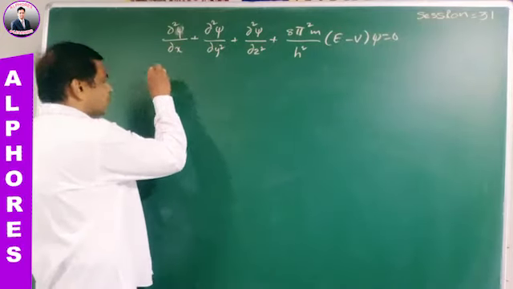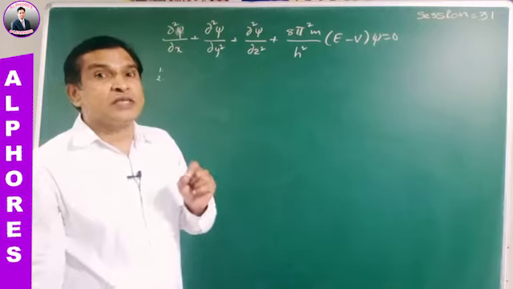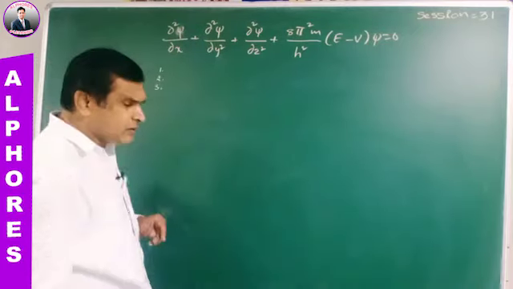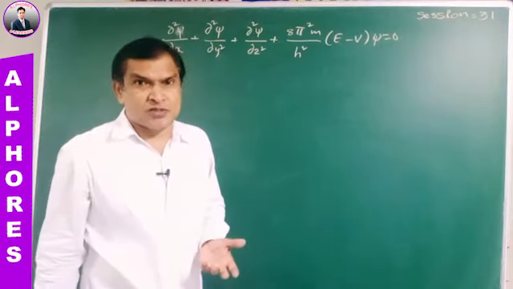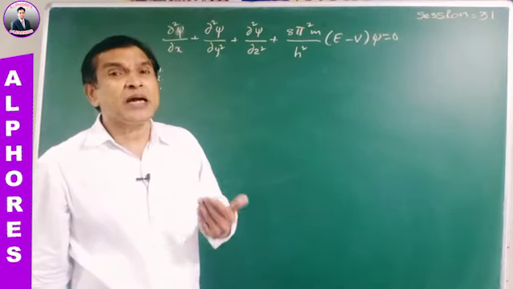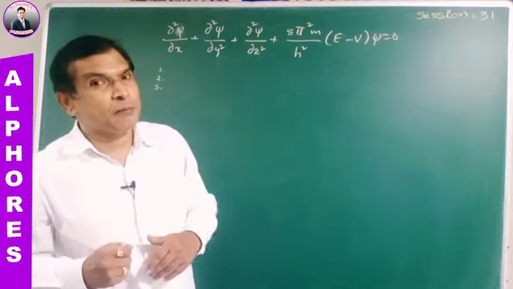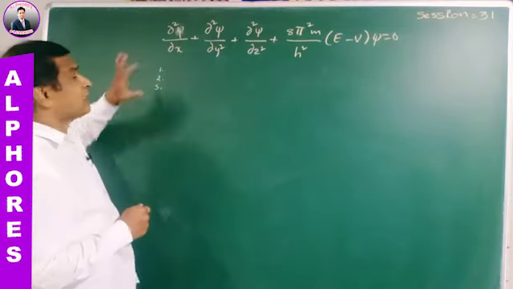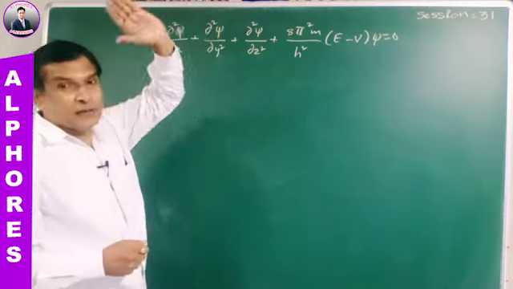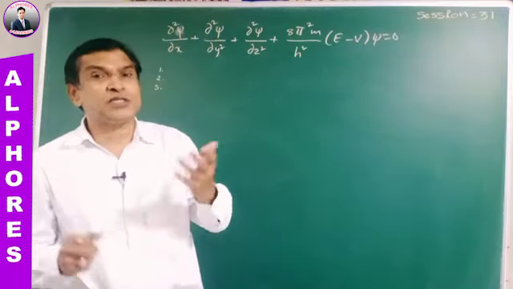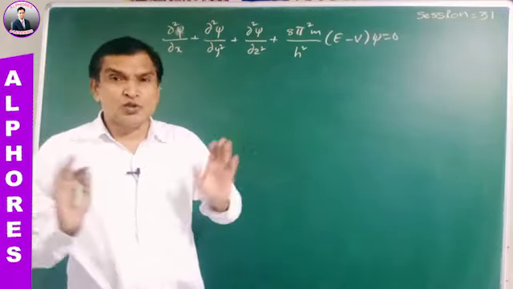Second condition, psi must be single valued. Third one, psi must be continuous, that is from plus infinity to minus infinity. So these are the boundary conditions of psi. Since it could not obey the boundary conditions, psi has no physical significance.